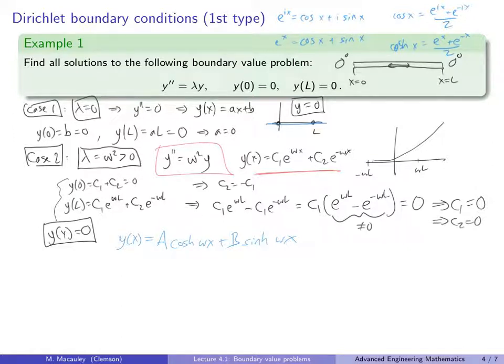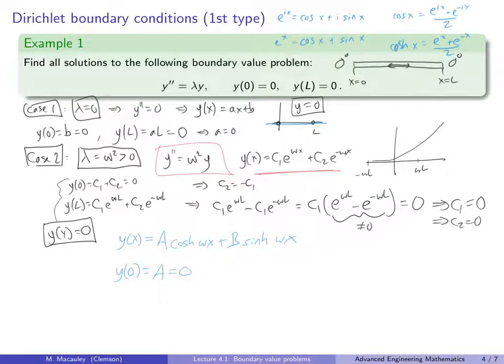Okay, so this is y of x. Let's plug in the boundary values. A great thing about sinh and cosh is at 0, they're just like sine and cosine. So y of 0 is, just pretend these are sines and cosines. If you plug in 0, you get a times 1 plus 0, so you get a, and that's equal to 0.